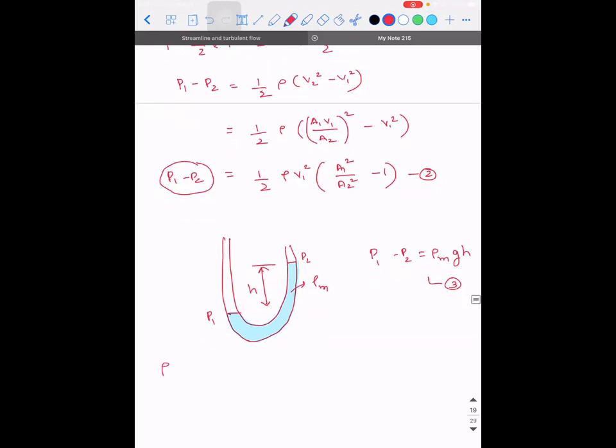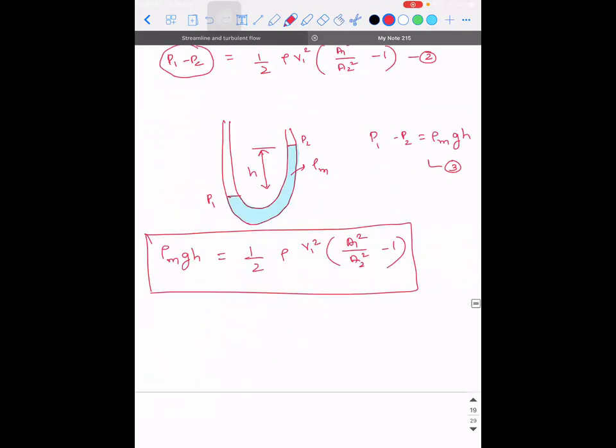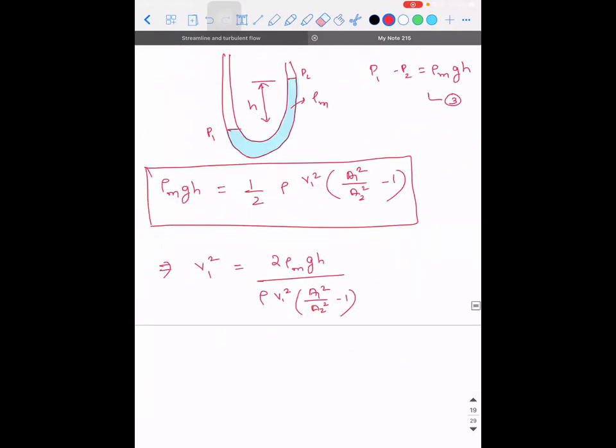So P1 minus P2 is rho m into gh, which is equal to half rho into V1 square into A1 square by A2 square minus 1. From this, we can calculate V1 square as 2 rho m into gh divided by rho into A1 square by A2 square minus 1. So what is the value of V1?